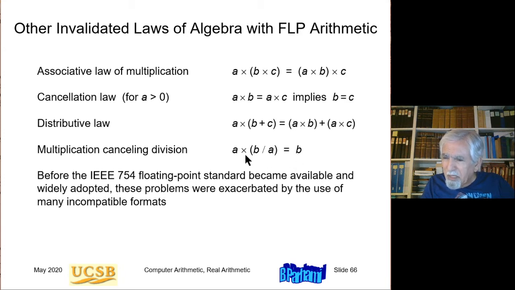Okay? And this is something we have all experienced. If this is 1/3 and this is 3, so in a calculator, if you enter 1/3 and then multiply by 3, you may not get 1. On most calculators, actually, you do get 1 because they have guard digits. They have hidden digits internally.